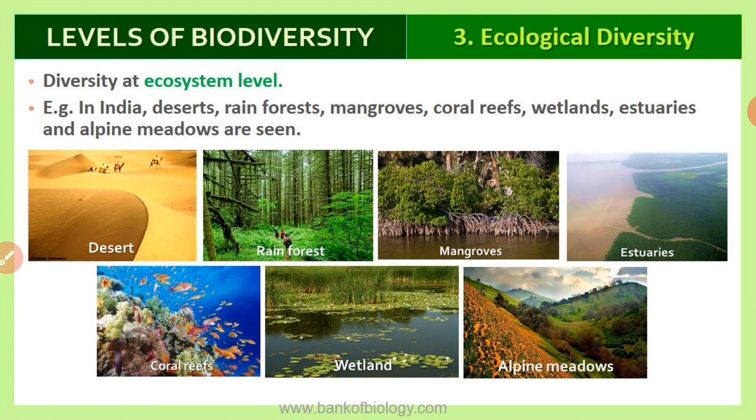India has one of the richest biodiversity of habitats, ranging from deserts, rainforests, mangroves, estuaries, coral reefs, wetlands, alpine meadows, etc. So there are a variety of habitats found in India, ranging from deserts to rainforests, mangroves to the cold Himalayas. This all represents ecological diversity.